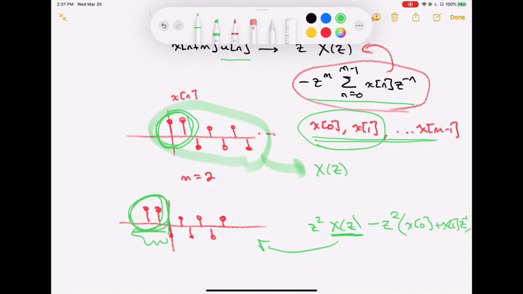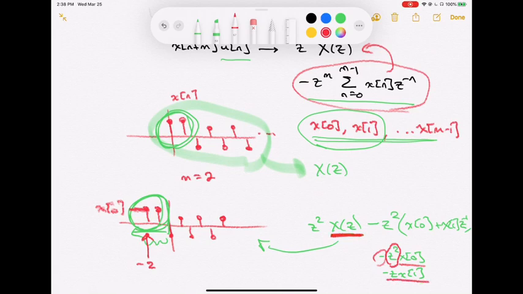So let's break that out and look at it. That's a minus z squared x of 0, and it's going to be a minus z x of 1, because z squared times z to the minus 1 is just z. We've seen this sort of thing before as well. Little x of 0 is just a value. Z squared is a delta function at minus 2, with its height being little x of 0, and we're just subtracting out that component from what had already had that piece, x of z.